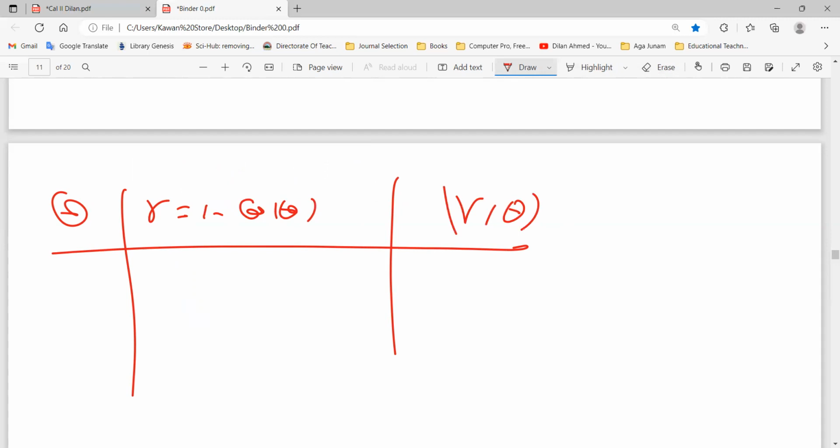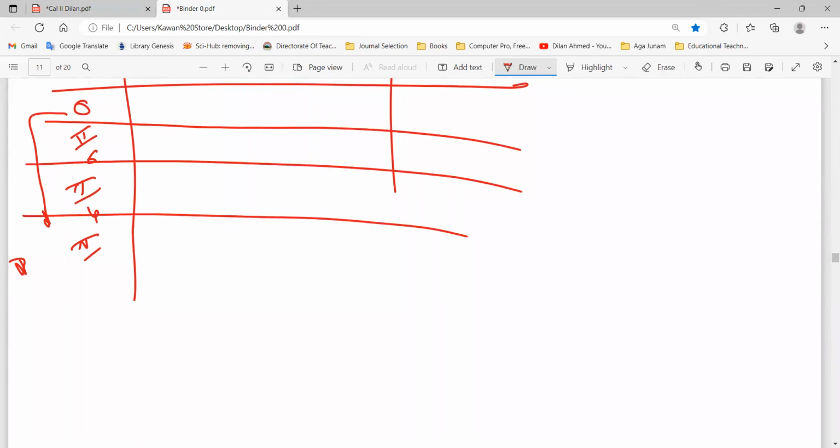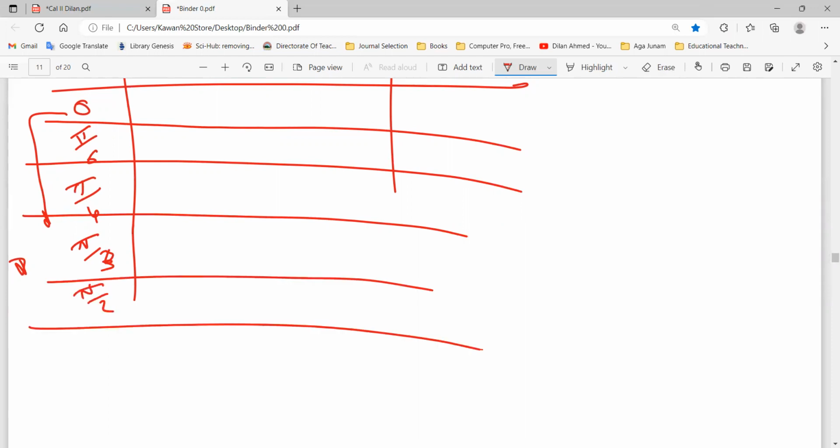Because of symmetry about the x-axis, I'm going to use 0 to pi. I'm not going to 2 pi. You know why? So 0, pi over 6, pi over 4, pi over 3, pi over 2, pi.